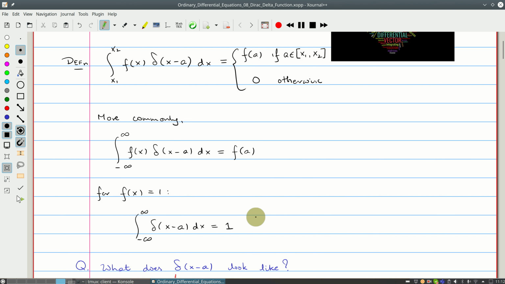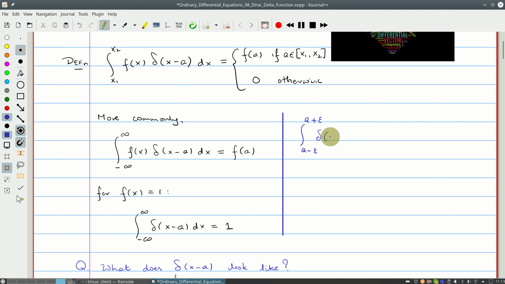Now while we are here, let's do some experiments. I'm going to draw a bar, and let's ask ourselves a simple question. What happens if I integrate this Dirac delta from a minus epsilon, where epsilon is a small positive number, to a plus epsilon?